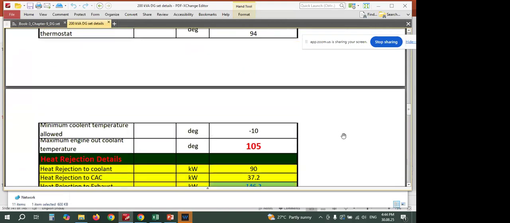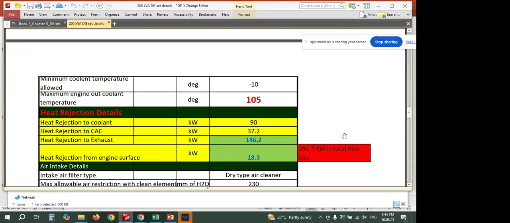Now next, see what happens. Heat rejection details. It is given in bold by the manufacturer itself. Heat rejection to coolant kilowatt. 90 kilowatt heat is wasted just for cooling, that is required for the radiator.